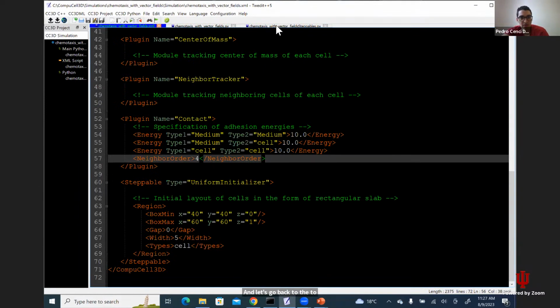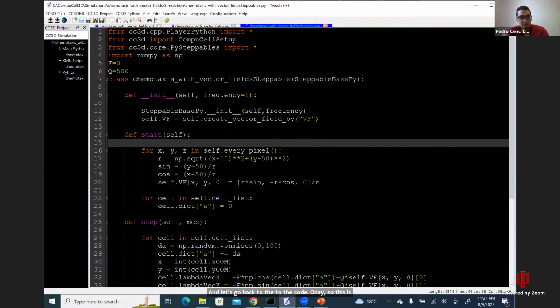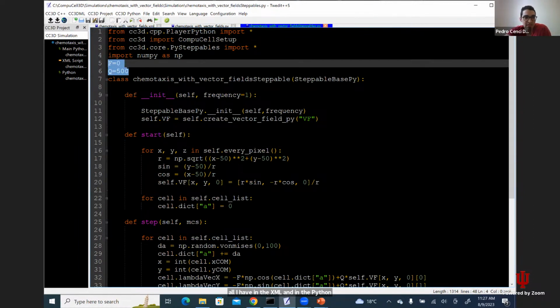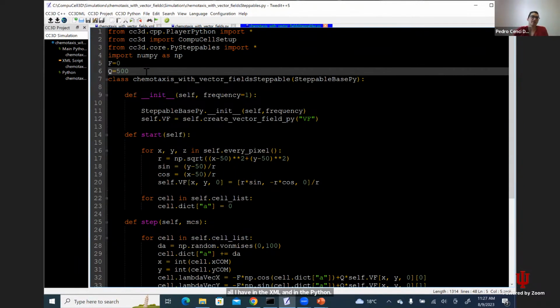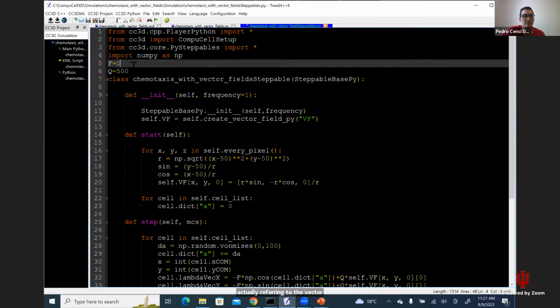Okay, so this is all I have in the XML, and in the Python, I have set two forces. So a chemical force, this Q is actually referring to the vector field, and this F is an intrinsic force applying on cells.